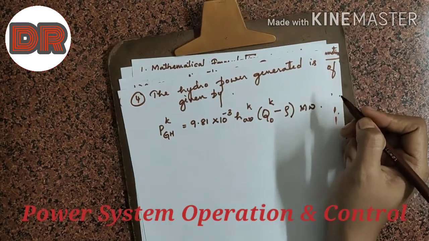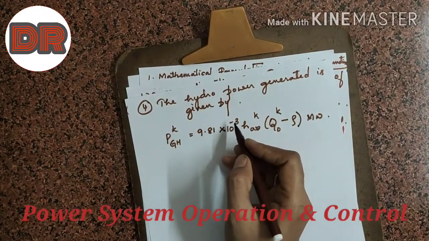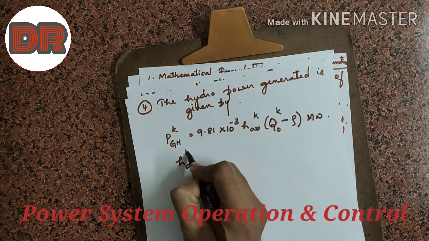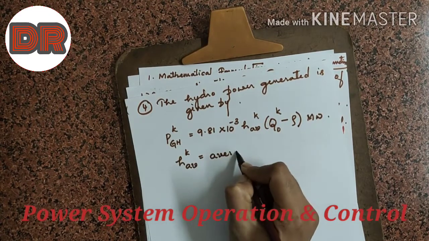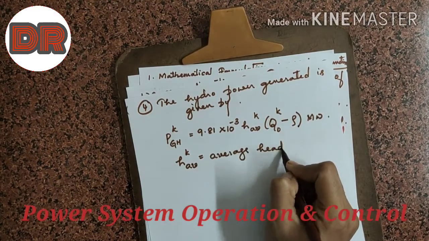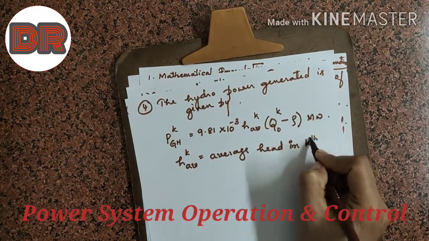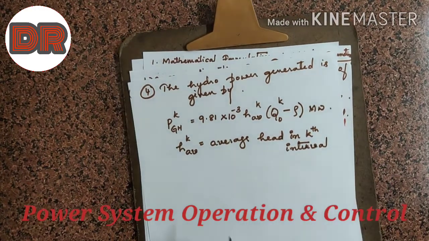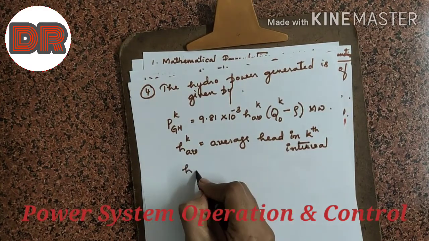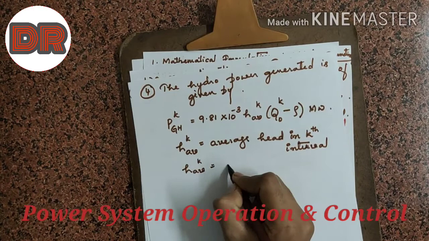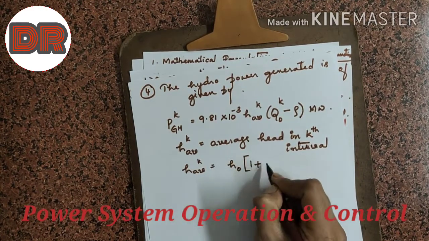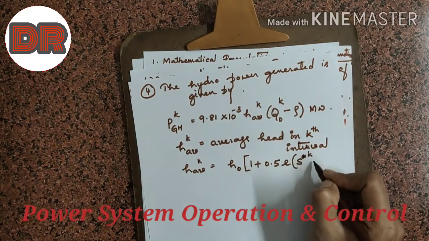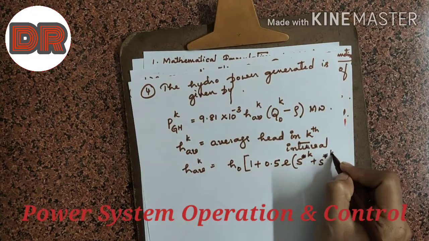Let me tell you what these factors are. HAVK is the average head in the kth interval, and this can be given by H naught times 1 plus 0.5 E (S star K plus S star K minus 1).